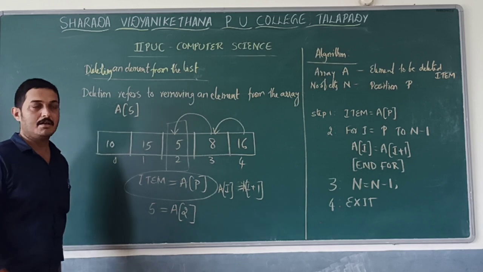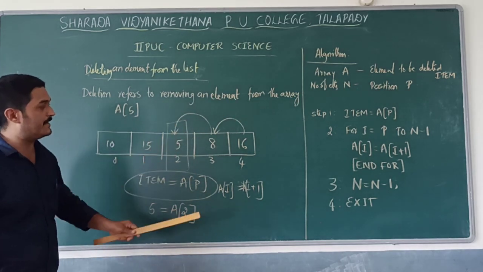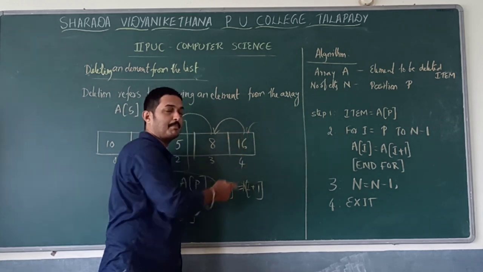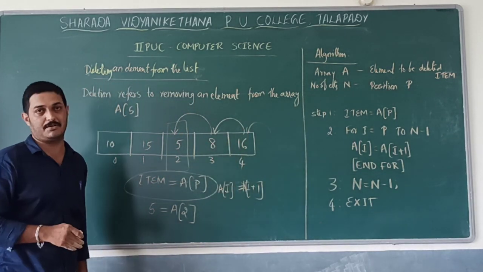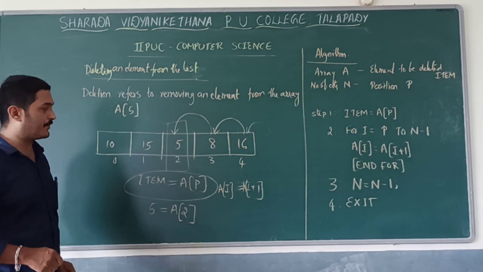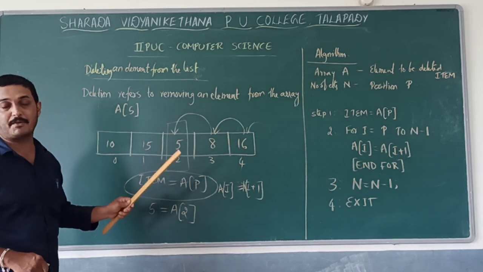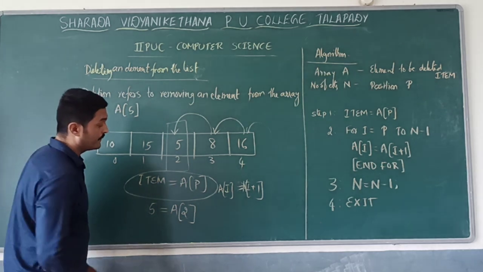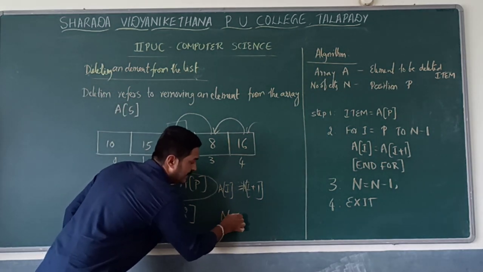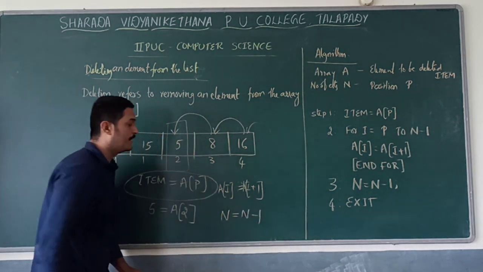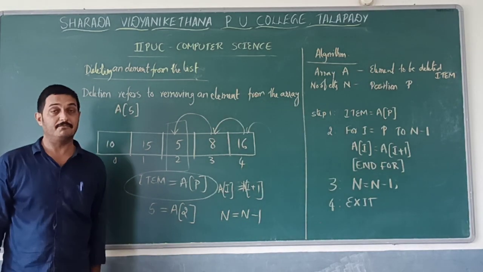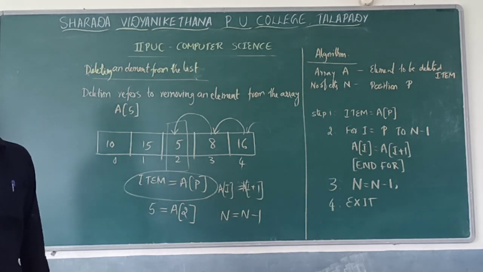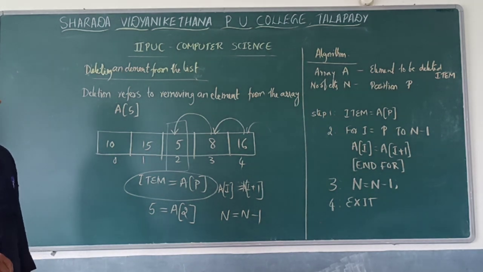If you have more elements in the array, each time you assign the next element to the previous location. After this allocation, we use n equal to n minus 1, which indicates a decrement in the total number of elements.